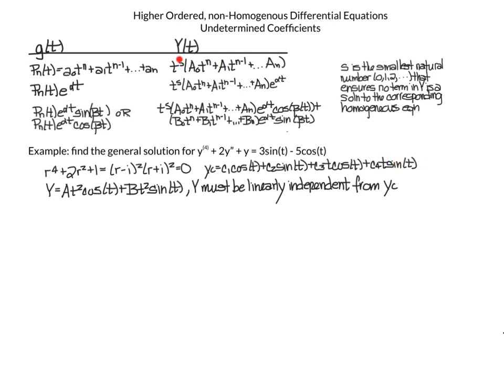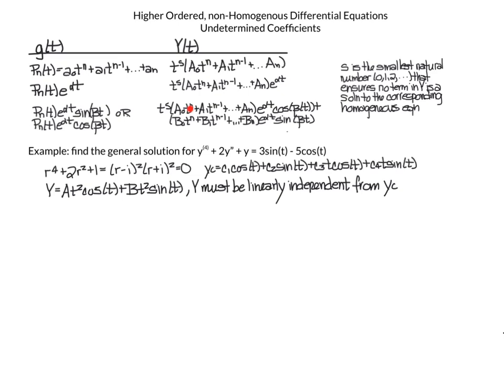Now, looking at our table, our g of t is of the form sine and cosine. There's no polynomial, or you could say the polynomial is equal to 3, so we do have a coefficient in front. We have no e to the alpha t, but we have sine or cosine.